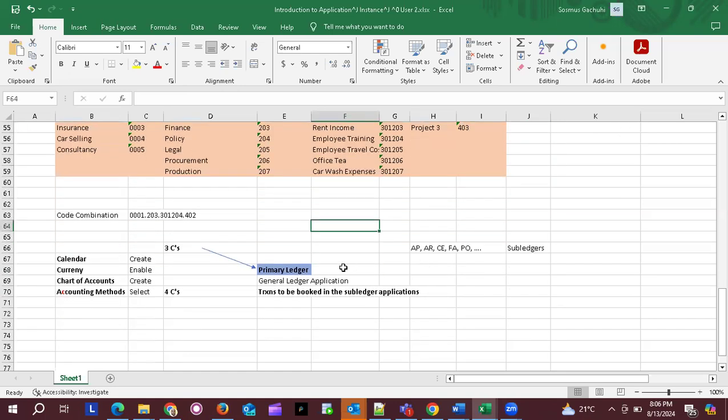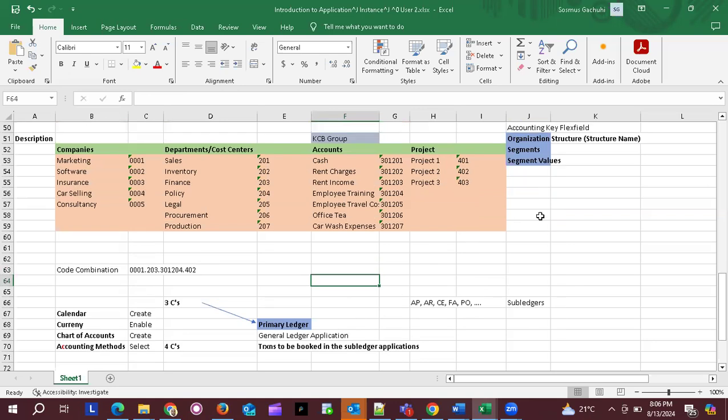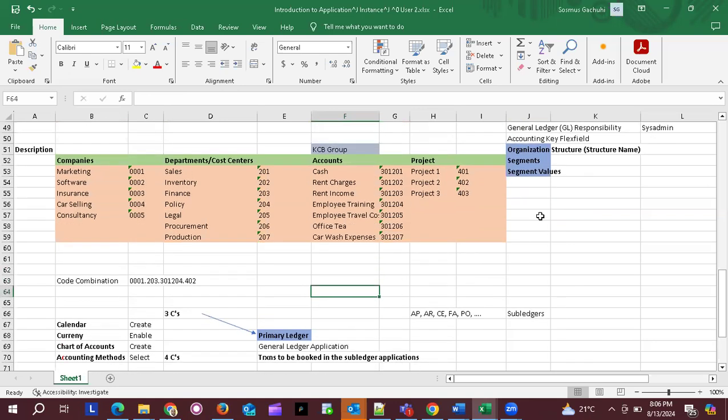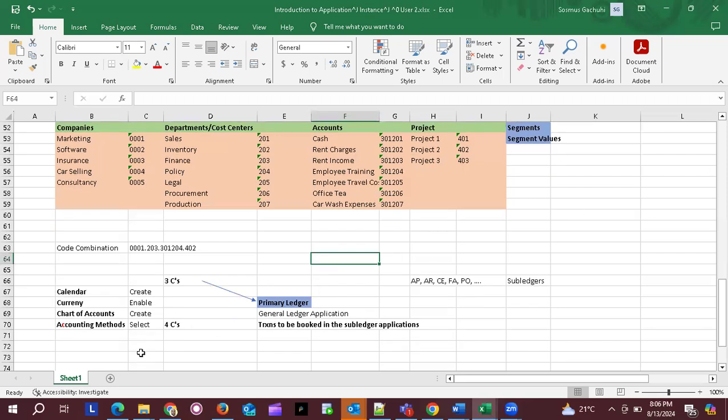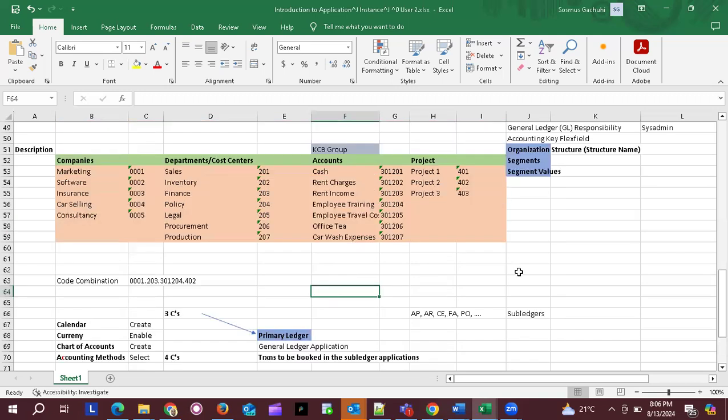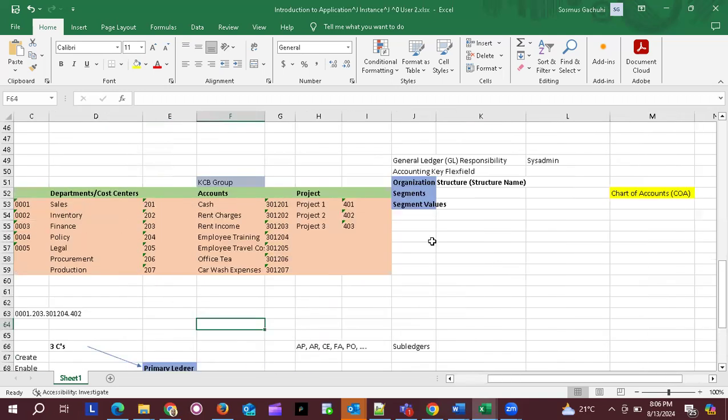Perfect. So what I was saying is that we managed to look at a few things, including how we ended up coming up with the chart of accounts. And I wanted to go back to a few points that I wanted us to note in regard to segments and segment values.